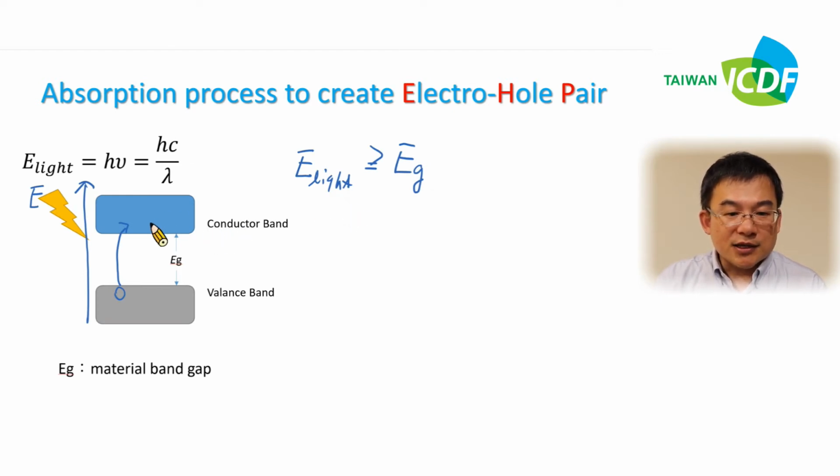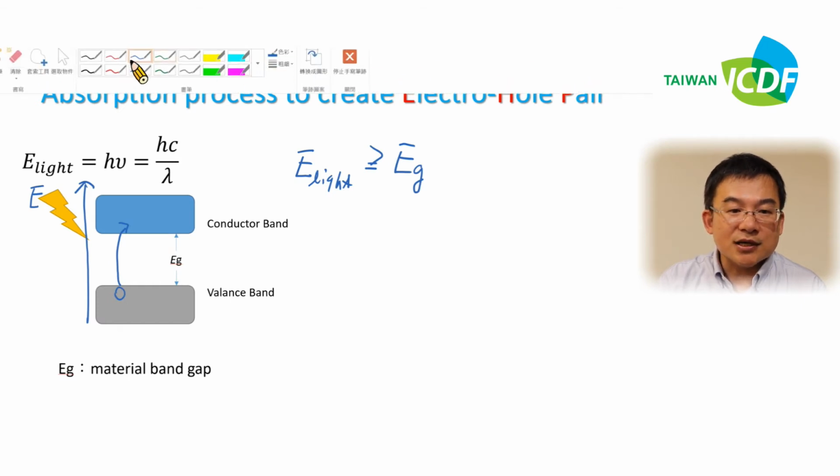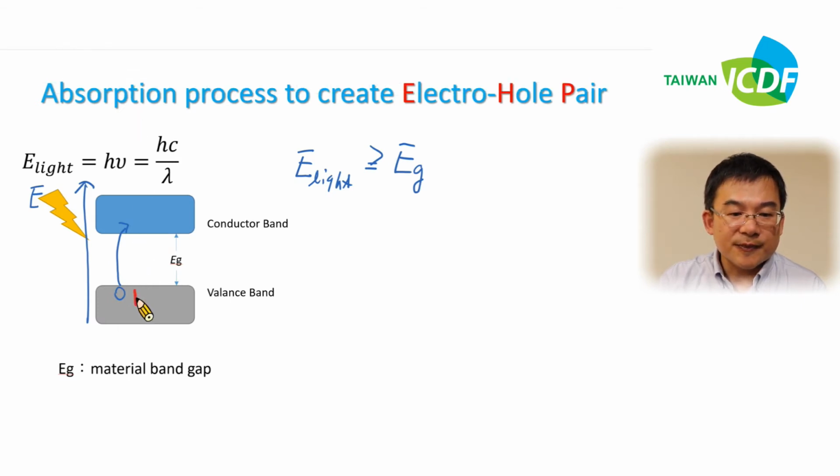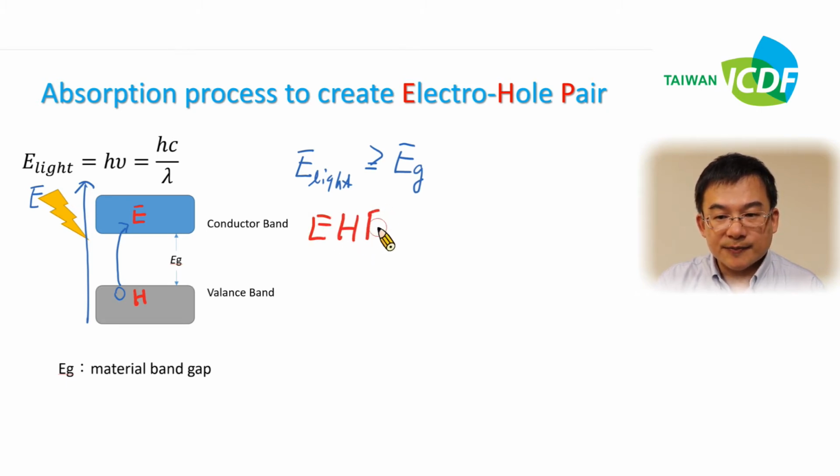So we get an electron in the conduction band and a hole in the valence band. Here we get a hole, and here we get an electron.